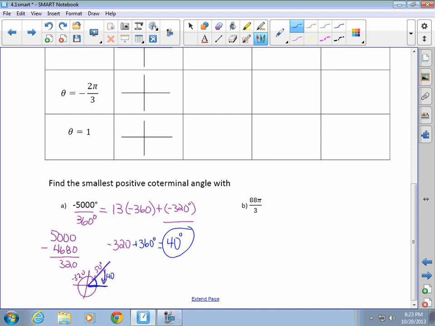So if I figure out how many 2 pi's are in here, I take my 88 pi and divide it by 2 pi, and that goes exactly 44 times.